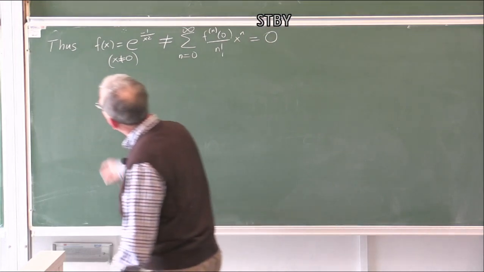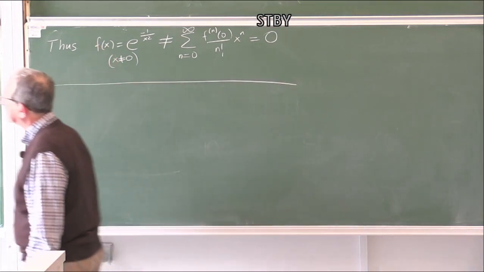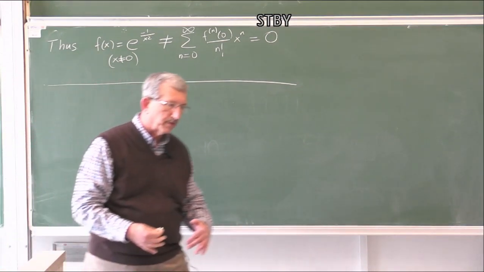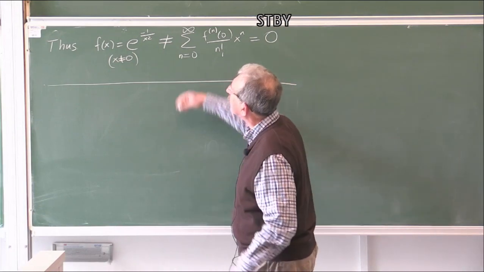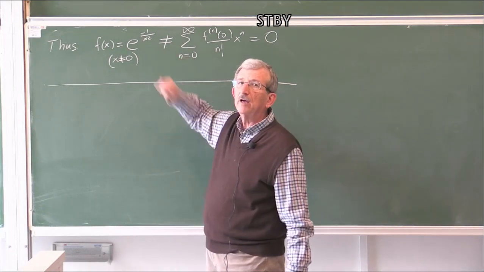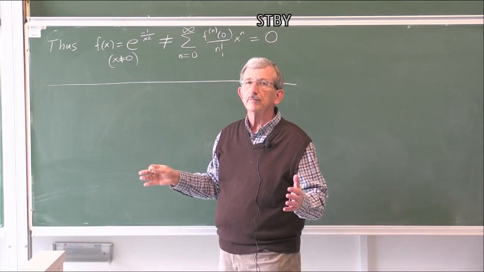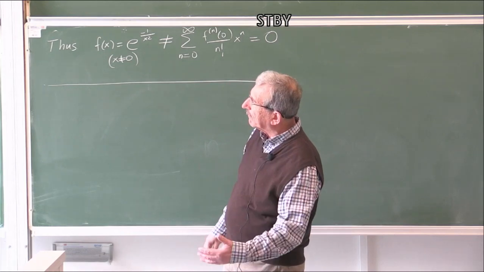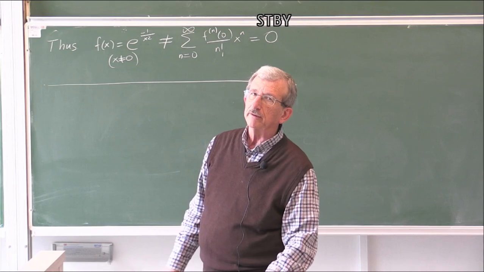So this example shows that even though f has all of its derivatives at 0, its Taylor series is not equal to the function except at 0, where both values are zeros. So equality to f of x of the Taylor series is not guaranteed.